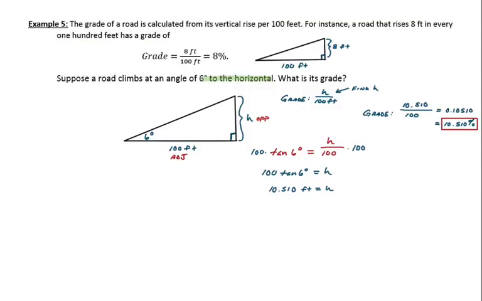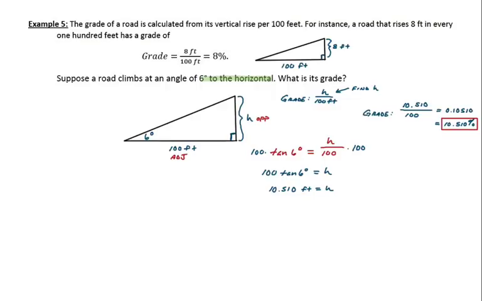So let's say the height was 8 feet, then 8 divided by 100 would be 8%. Take a number divided by 100, it gives you a decimal, but then to calculate the percentage, you'd have to multiply by 100 or move the decimal place twice anyway. So the idea here is you need to set up the triangle to find the height, and the height is really part of the ratio to find grade of a road.